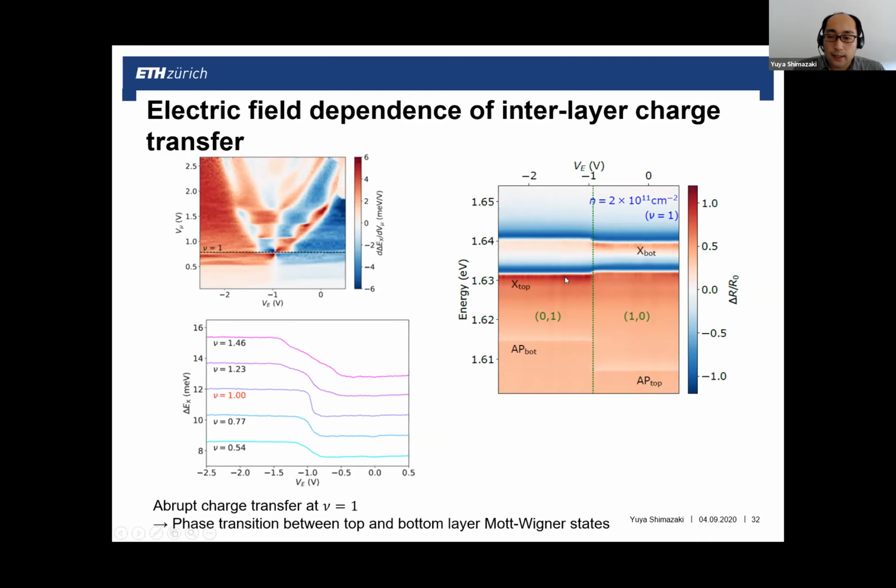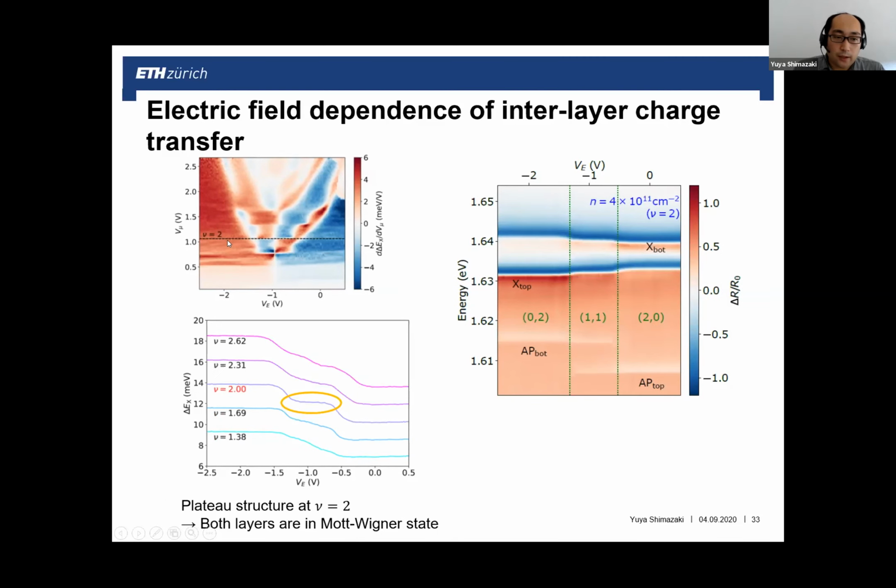In addition to the sudden shift of the exciton energies, we also clearly see that the attractive polaron energy, the electron resonance of the bottom layer, disappears, and the oscillator strength is fully transferred to the attractive polaron in the top layer, which indicates the whole charge is transferred from this layer to this layer suddenly at this bias voltage.